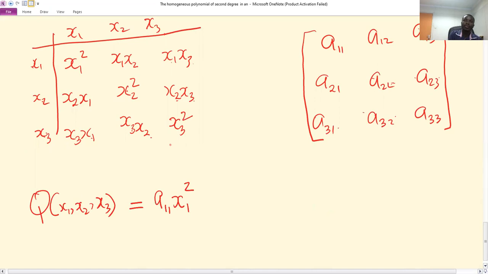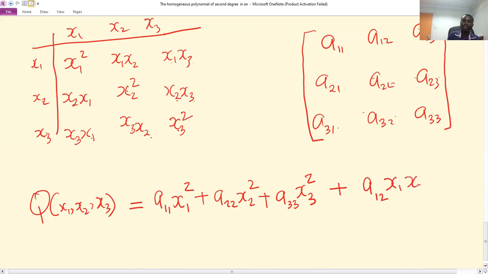This is A22. So you write A22 x2 squared. The position here is A33. So you write A33 x3 squared plus the position here is A12 and then x1, x2.